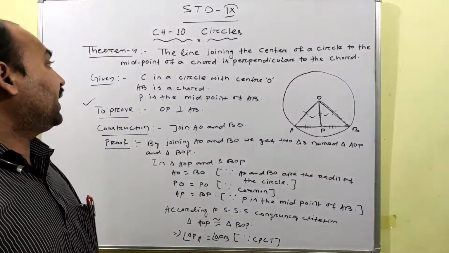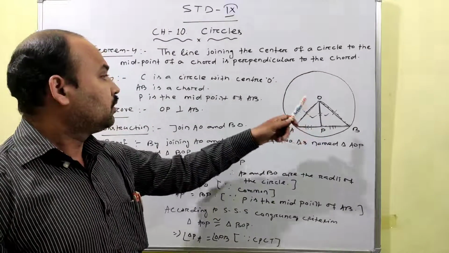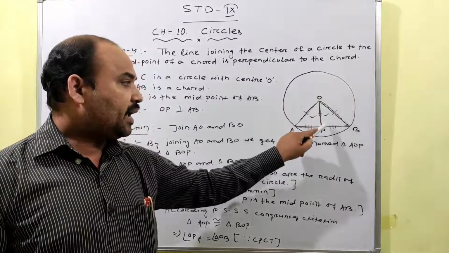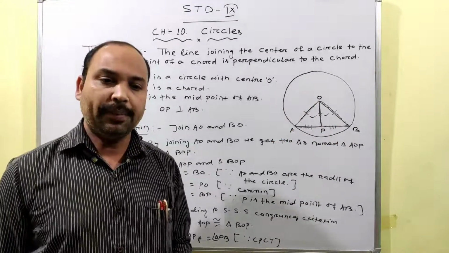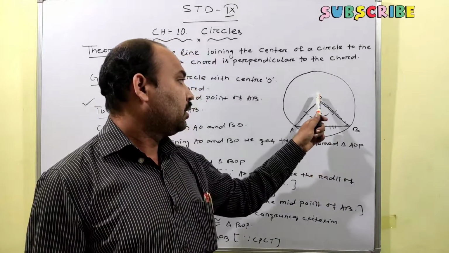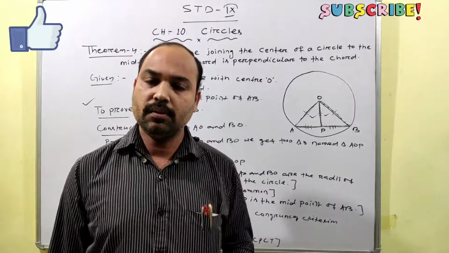Okay. Next, we have to prove that the line which joins the midpoint of AB is perpendicular to AB or perpendicular to the chord. How will we prove that a line is perpendicular to the chord?